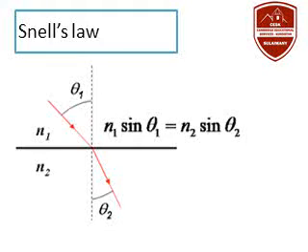For example, if he asks about n2, then n1, theta 1, theta 2 should be given. Maybe he asks about theta 1 as unknown, then n1, n2, theta 2 should be given. Maybe he asks about theta 2, then n1, n2 and theta 1 should be given.